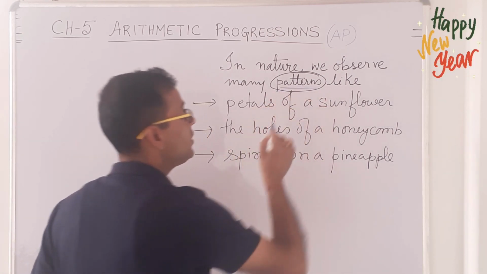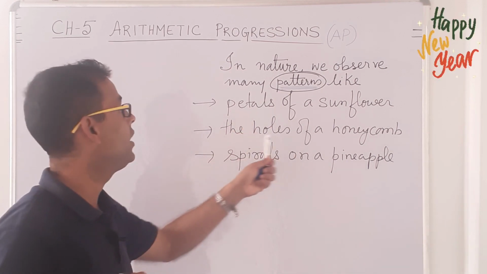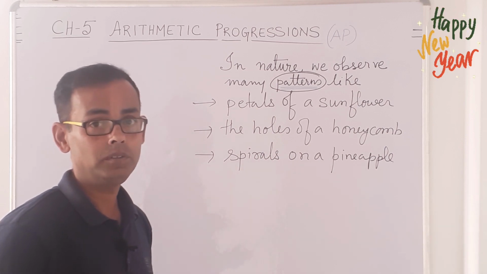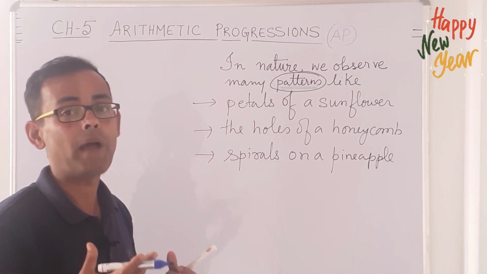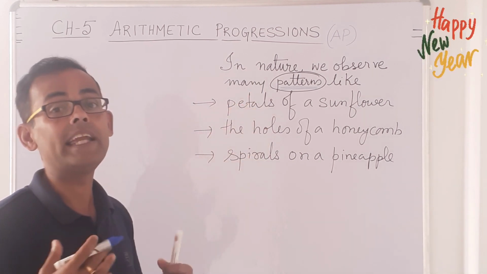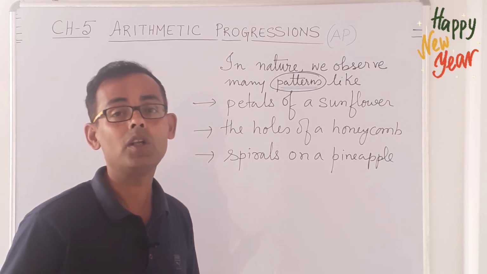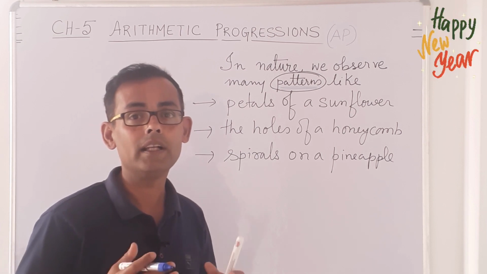Like petals of a sunflower, holes of a honeycomb, spirals on a pineapple, we observe these in nature. In our day-to-day life also there are certain patterns, so let us know about these.